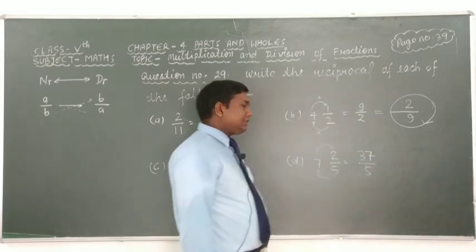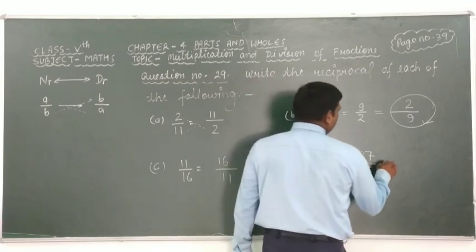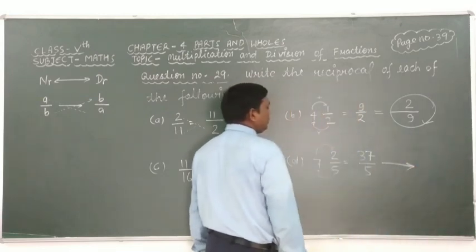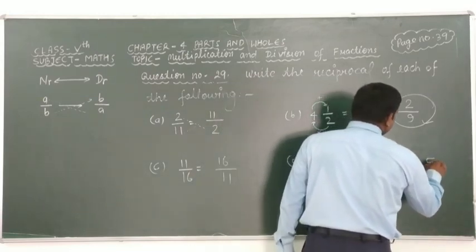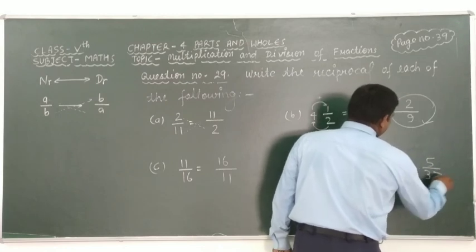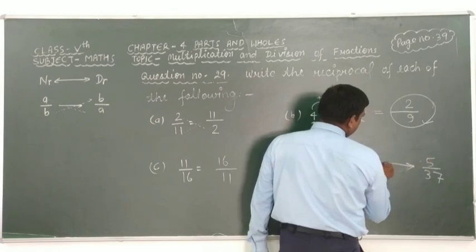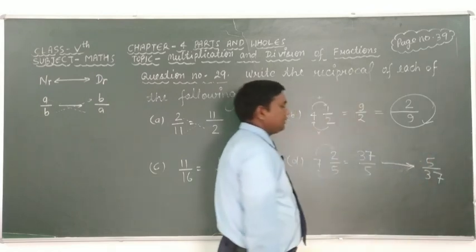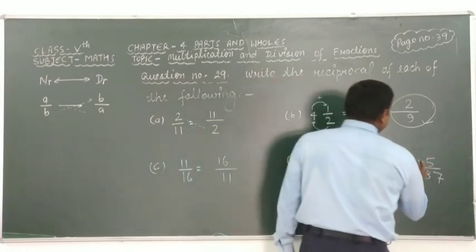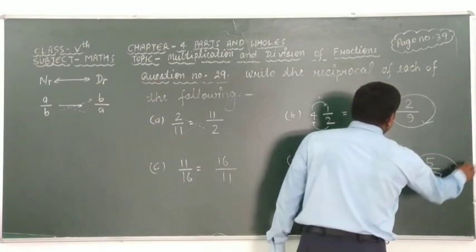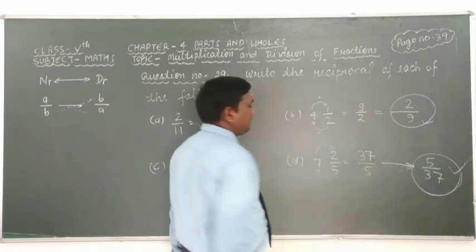Then the reciprocal of 37 over 5 is 5 over 37. It means that we write 5 in numerator and 37 in denominator. Okay students? Understand? This is the reciprocal.